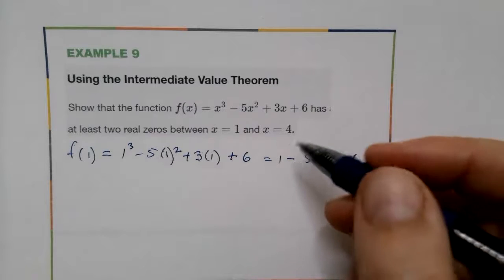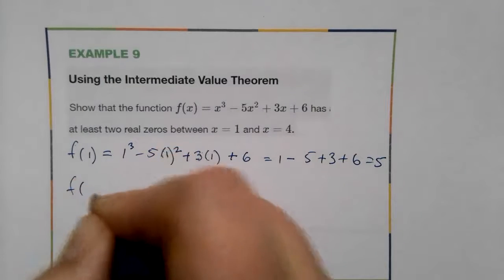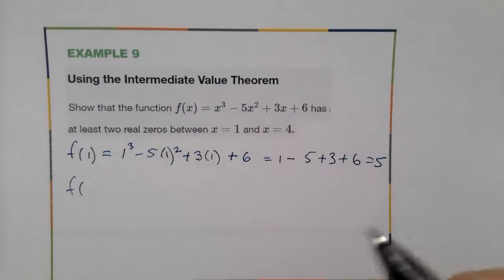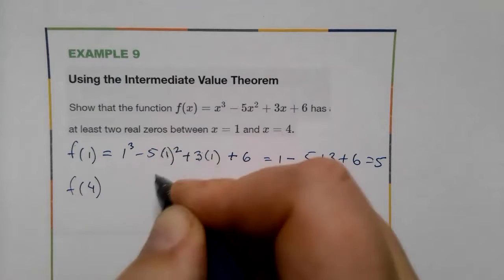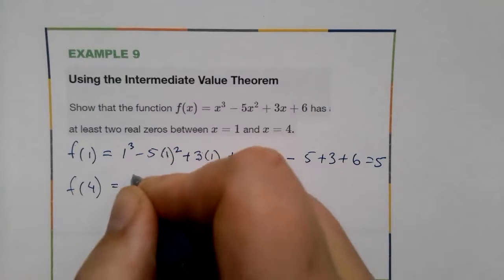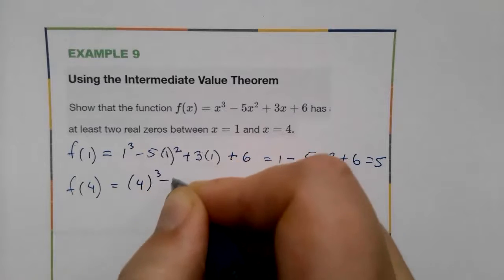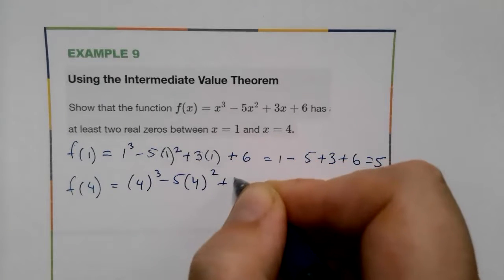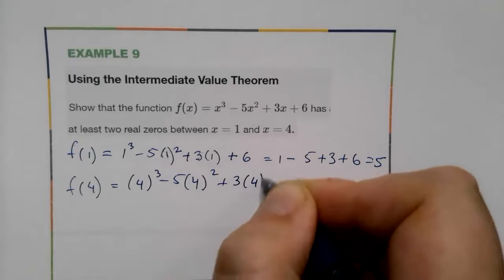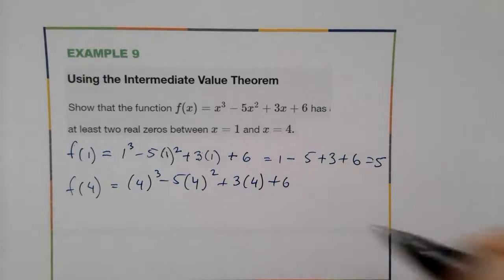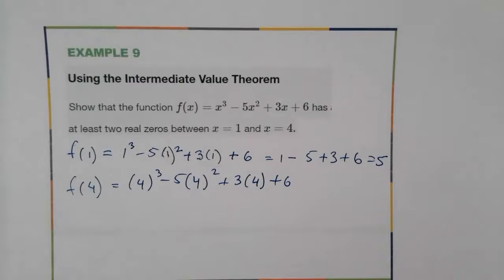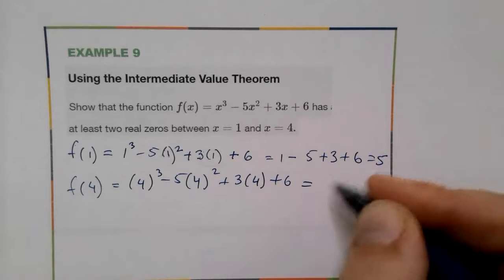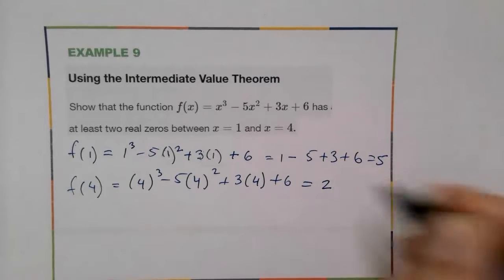Okay, let's check the sign at x equals 4. So we have 4 cubed minus 5 times 4 squared plus 3 times 4 plus 6. I think I got my signs right this time. And the function value there is 2.